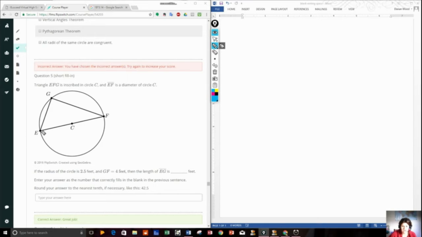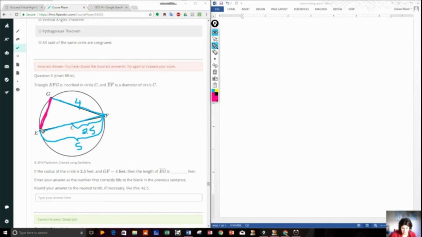They gave us that EF is the diameter, and they said that the radius, so half of it, is 2.5. So if I double that, I'll get the whole distance of EF, which would be 5. And then they tell us that GF is 4 feet, and they want us to find EG.